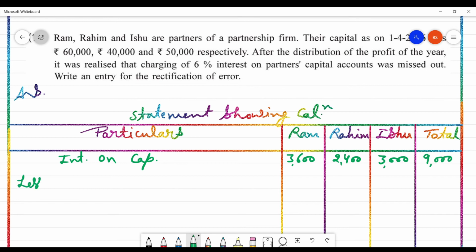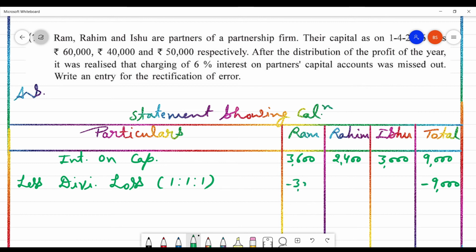After that we will deduct from interest on capital the divisible loss, because interest on capital is a loss or expense for the firm. So the divisible loss is 9,000, and we will deduct it in the P&L ratio. Here the P&L ratio is not given, so we will distribute this in equal ratio.